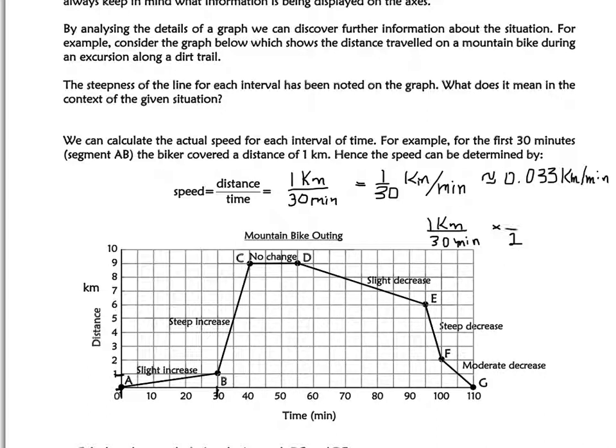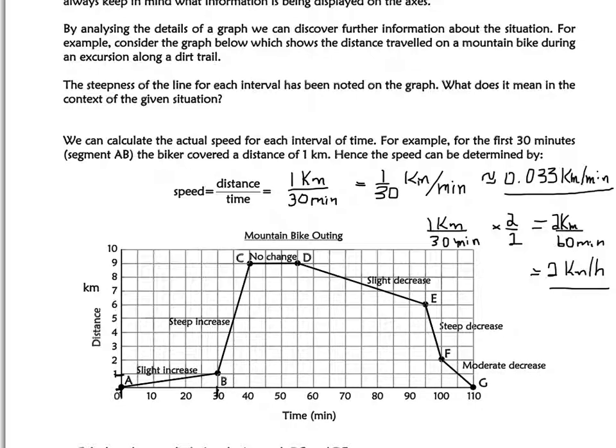Whatever you do to the bottom you have to do to the top, so that you're really multiplying by 1. So this becomes 2 kilometers over 60 minutes, which is 2 kilometers per hour. Either of these answers would be okay, kilometers per minute or kilometers per hour, they mean the same thing.